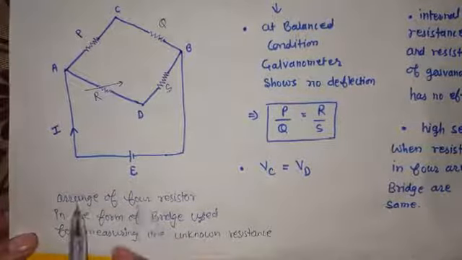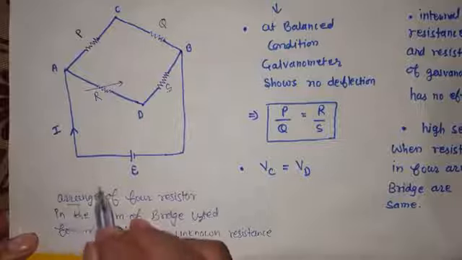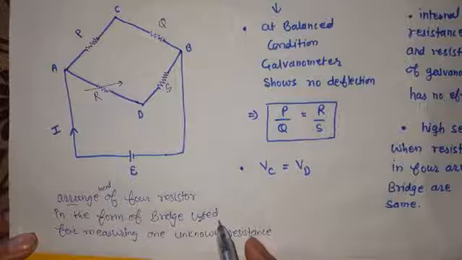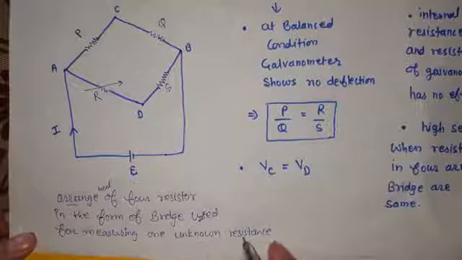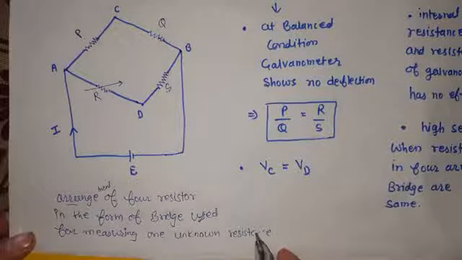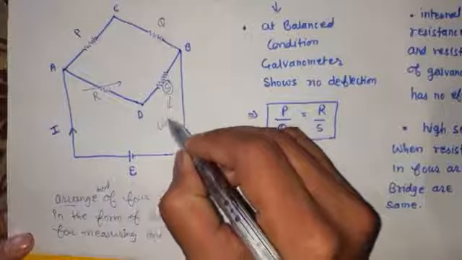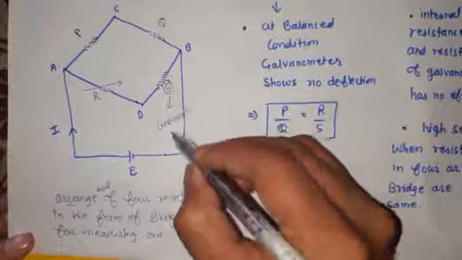So what is a Wheatstone bridge? It is an arrangement of four resistances in the form of a bridge, used for measuring one unknown resistance. Here S is kept as the unknown resistance, which we have to determine.